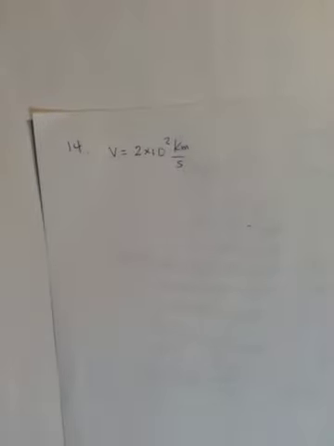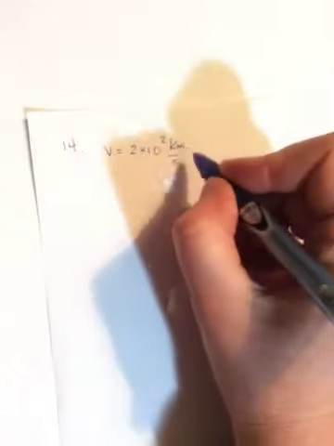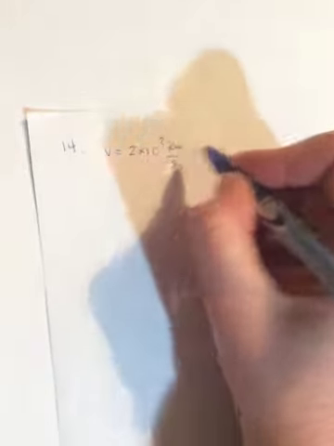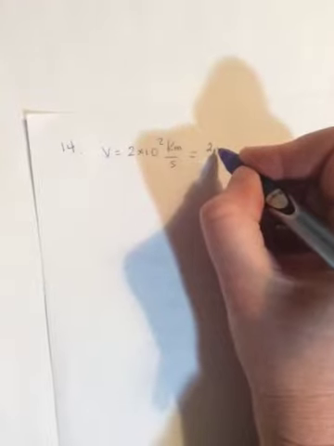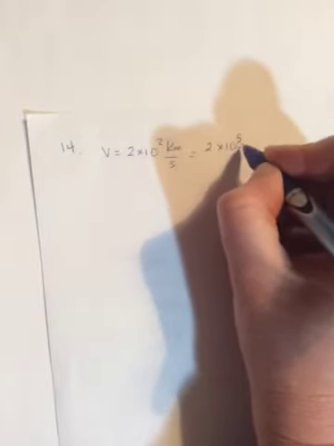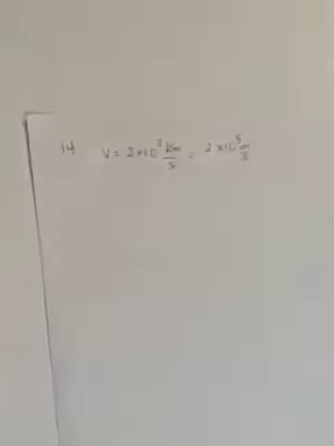Now this is not kilometers per hour, so you are not going to change it by a 3.6 factor here. It's just kilometers, so multiply by 1,000. So 2 times 10 to the 5th meters per second is our speed.